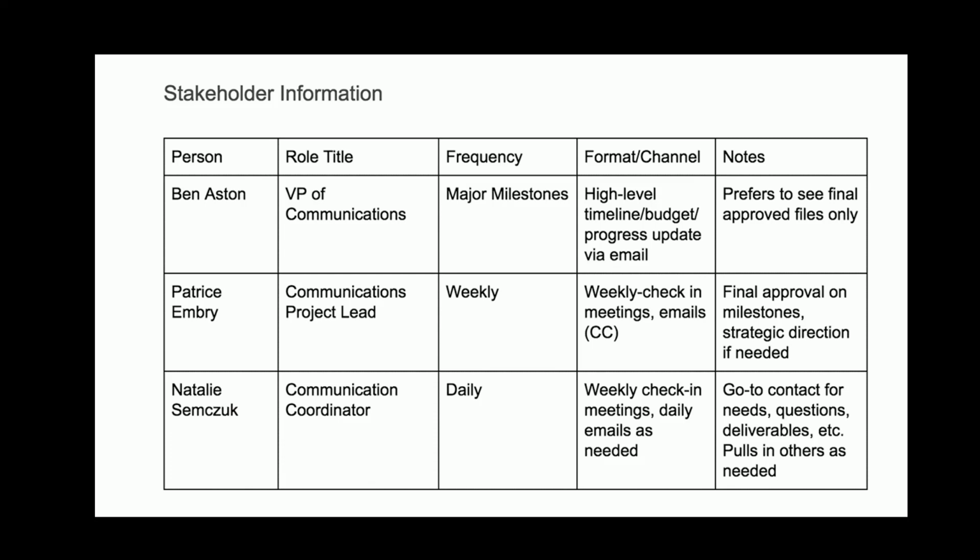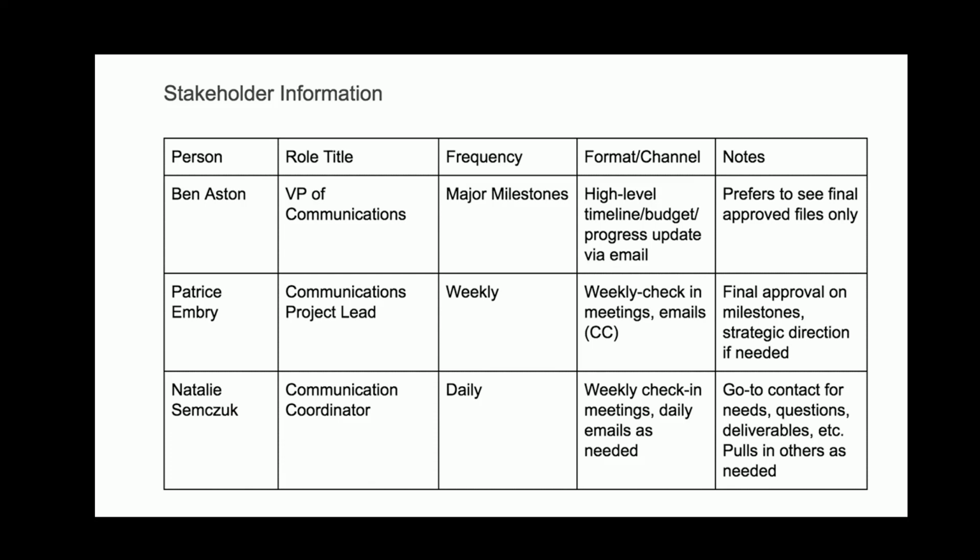So as here we can see, apparently Ben is responsible for communicating for every one of the major milestones to the Vice President of Communications, or sorry, whoever is going to communicate with Ben. And it's about the high level timeline, budget and progress. Okay, so how are we doing? Are we on schedule?